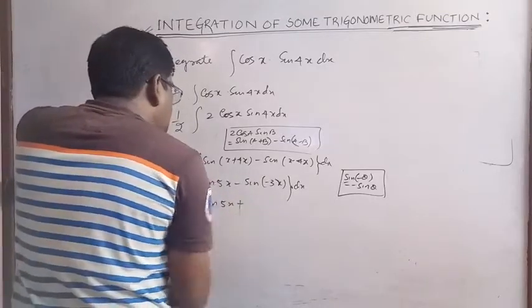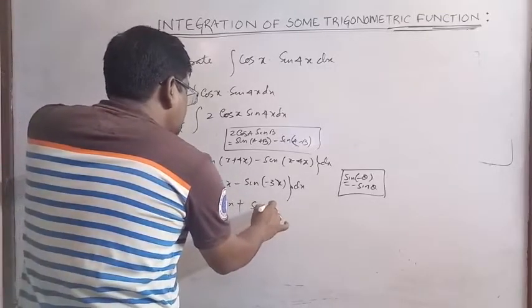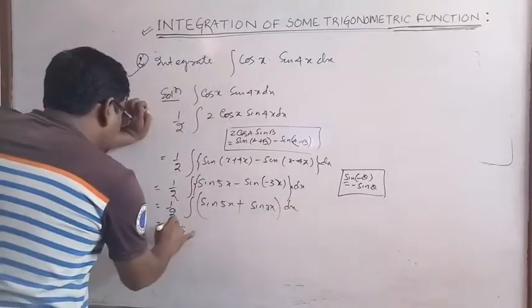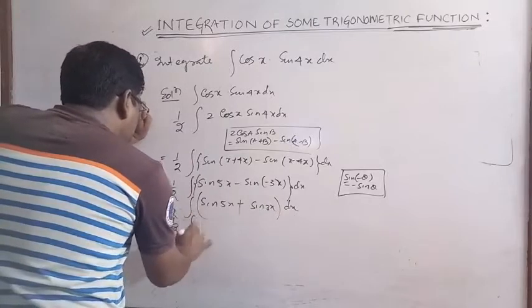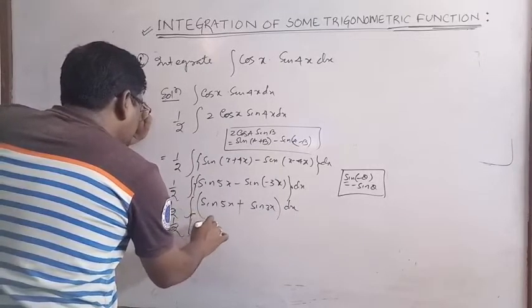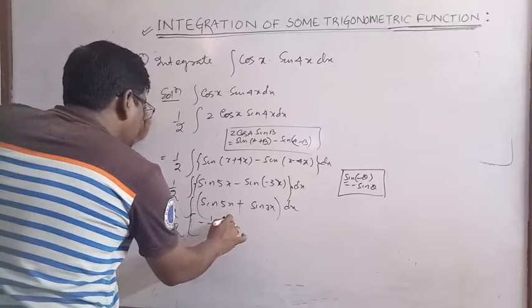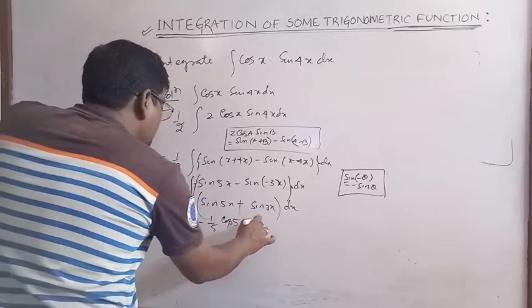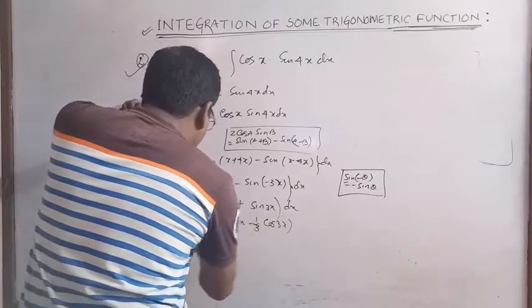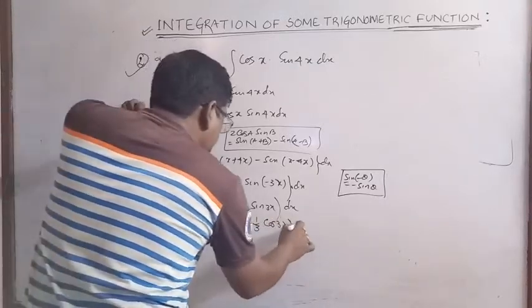So this will be plus sin 3x whole dx, and which is equal to 1 by 2, and this is integration of what? Sin 5x, minus 1 by 5 cos 5x, minus 1 by 3 cos 3x plus c, okay, plus c.